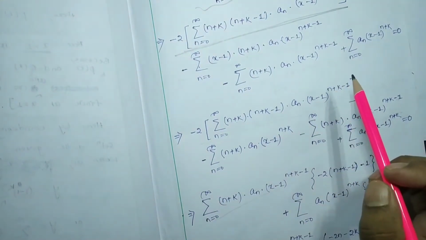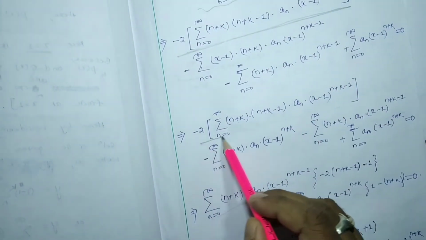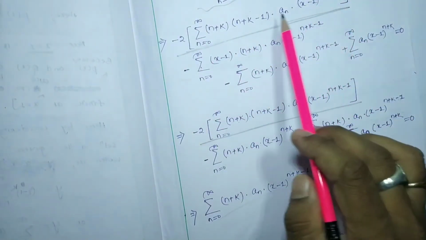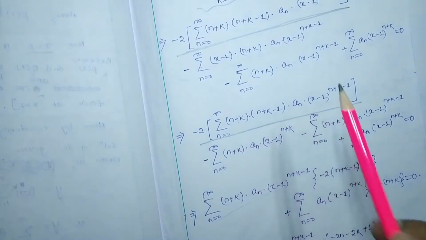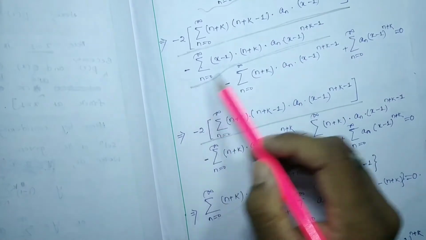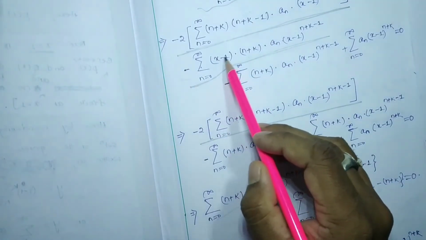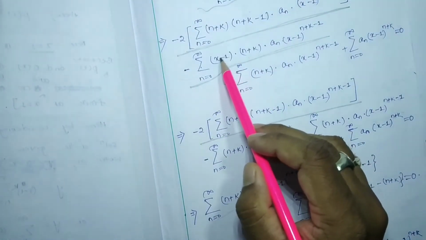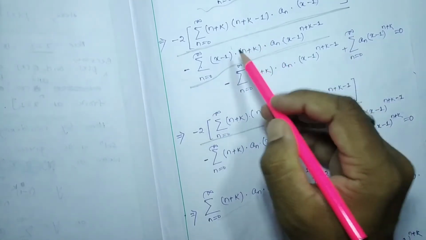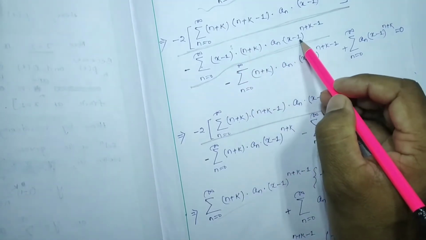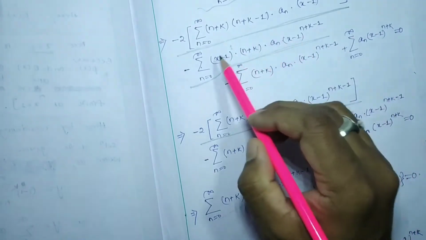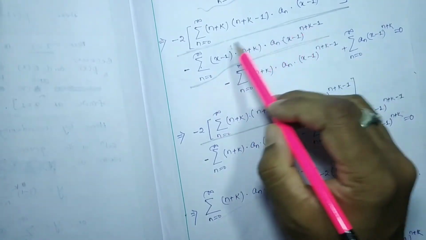In the next step, there is nothing changed in the first term. See here, minus 2, whatever is in the bracket, is written exactly. Come to the second term. In the second term, you can see x minus 1 is extra here, that means x minus 1 to the power 1, and here x minus 1 to the power n plus k minus 1. When these terms are multiplied with each other, the powers add up.